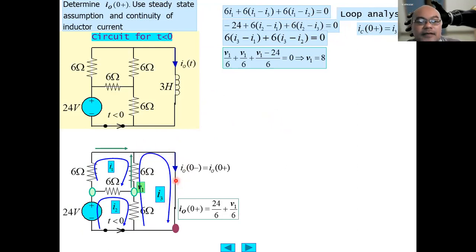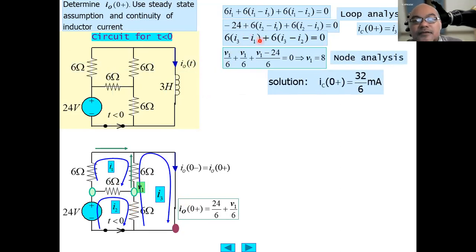Then IO at 0 plus will be equal to this one. This is basically 24 minus V1 divided by 6, so the current flowing through here. Using node analysis, we obtain V1 equals 8 volt.